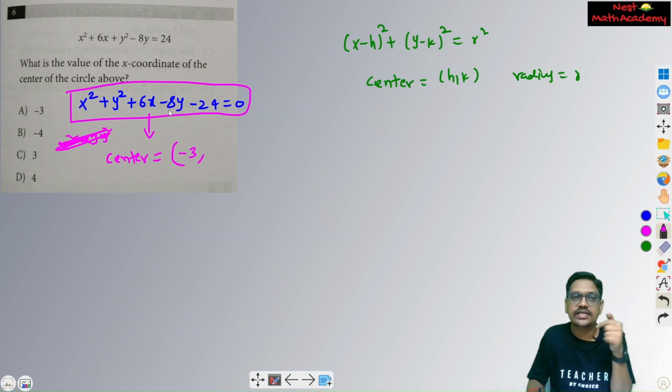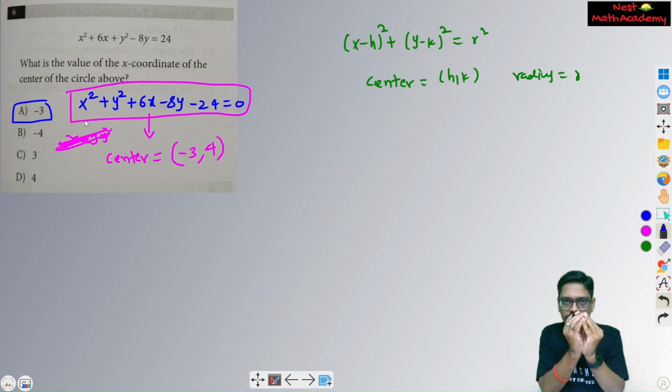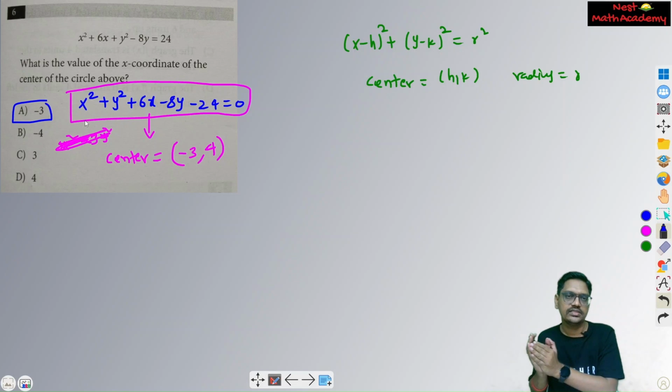The y coefficient is negative 8, half of it is negative 4, opposite sign is positive 4. That's it, finished. The x coordinate of the center they're asking for, your answer would be minus 3. I repeat, try to put it in the general form, which means only x square, no number in front of that, only y square, then x, then y, then constant.